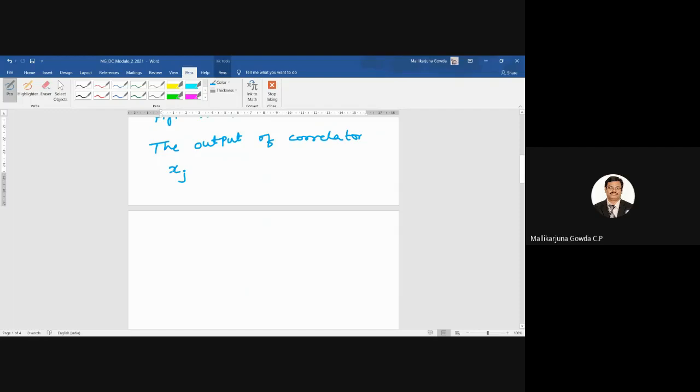Okay, output of the correlator xj. As I said, xj is the sample value of the random variable. How do I denote that random variable? I denote that by capital Xj.